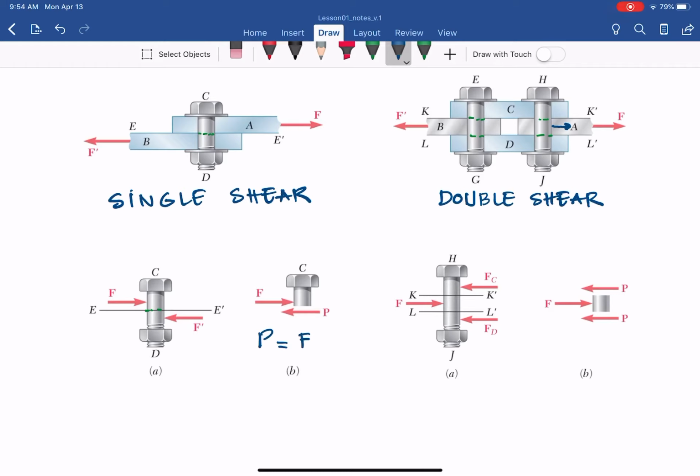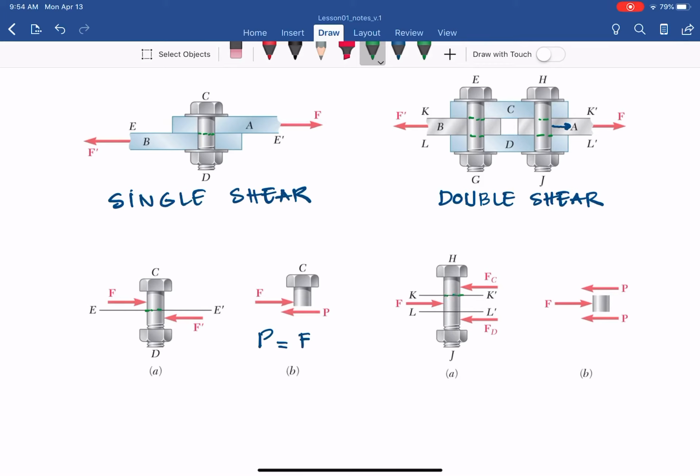Then we have two forces, on member C, called FC, and member D, called FD, applied on the bolt as well, and that tends to separate at two cuts, KK apostrophe and LL apostrophe.